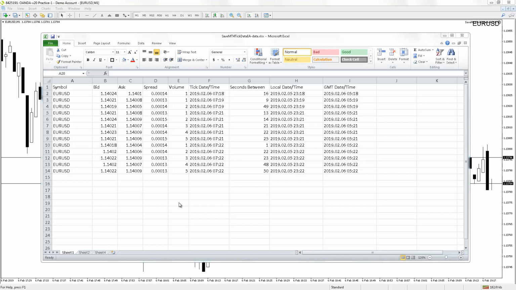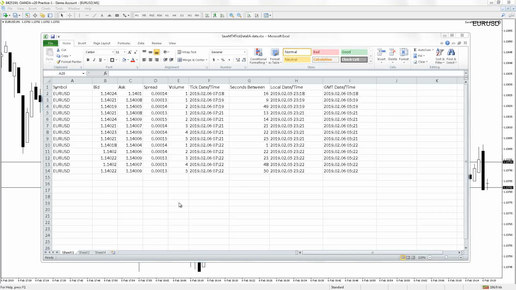And so I showed you the columns and stuff. Now, a real quick note is that in the first video, the initial video, I was exporting the bid and ask data backwards. That's been corrected.